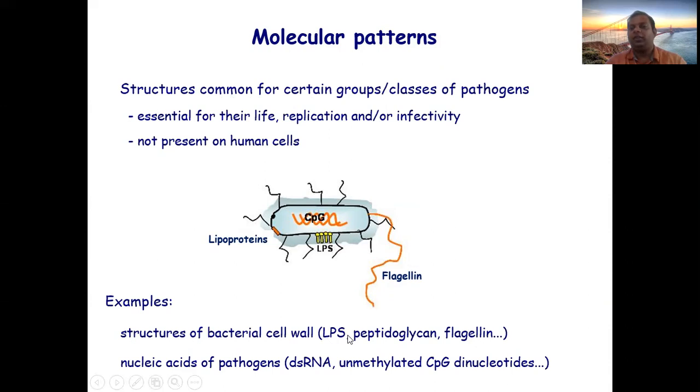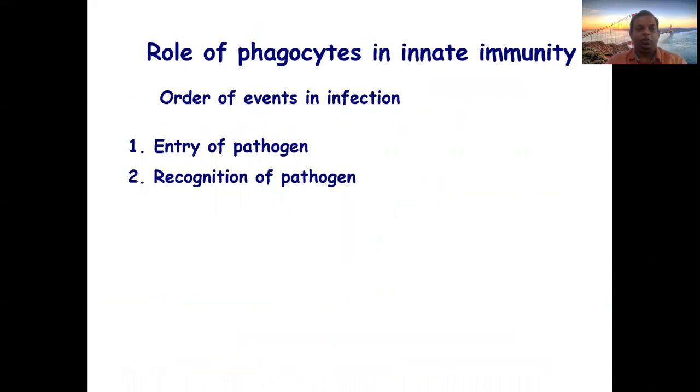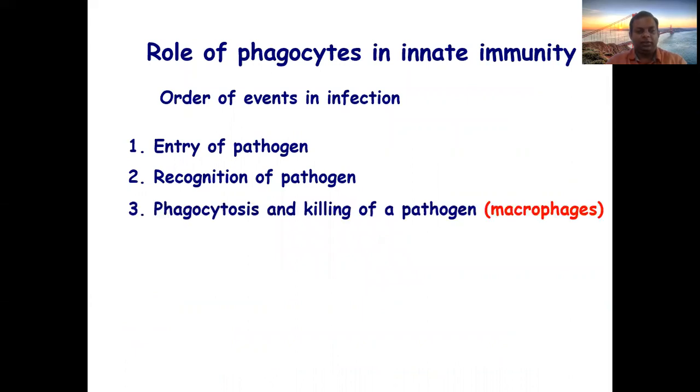Some examples: bacterial cell wall components like lipopolysaccharides, peptidoglycans, flagellins. In nucleic acids of pathogens, double-stranded RNAs, unmethylated CpG dinucleotides. Likewise, there are several. So that is recognition of pathogens. Then once it's recognized by body cells as a pathogen, the phagocyte initiates phagocytosis and killing of the pathogen.